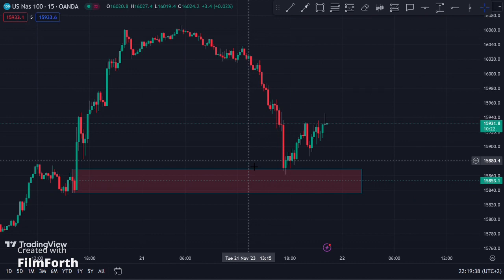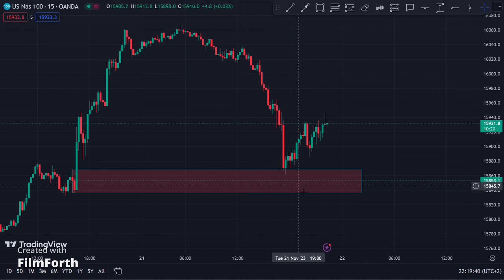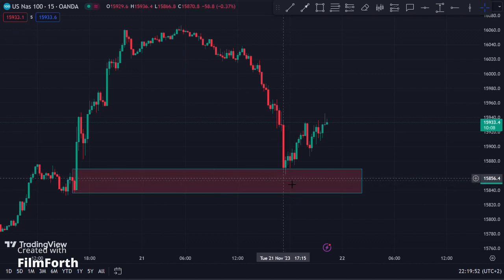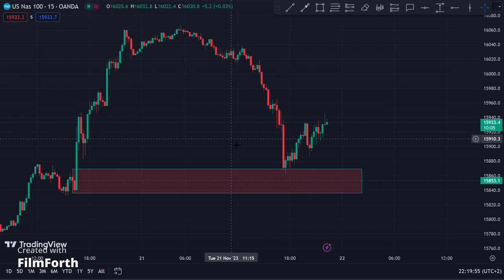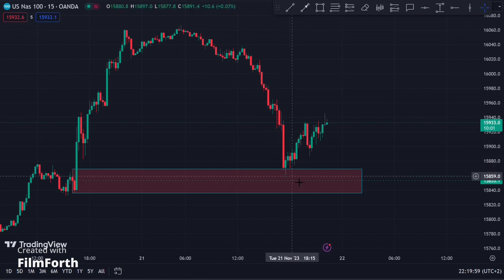I repeat again, if we close below this line and the candle closes somewhere here, not that it passes with a wick and closes right somewhere above here, that means we respected it because we closed above the 50% mark, the mean threshold.